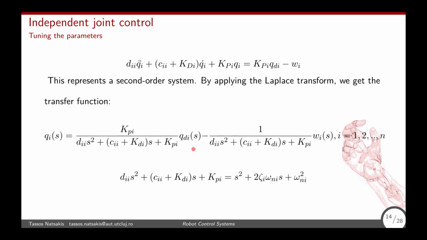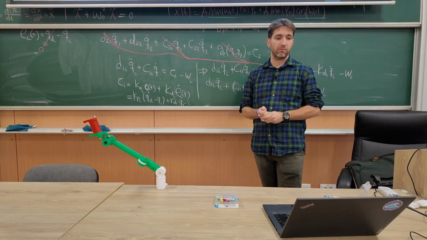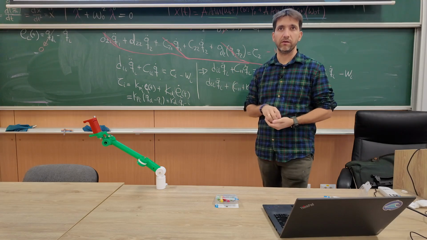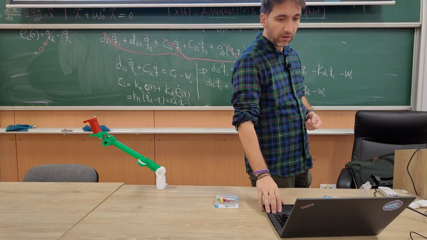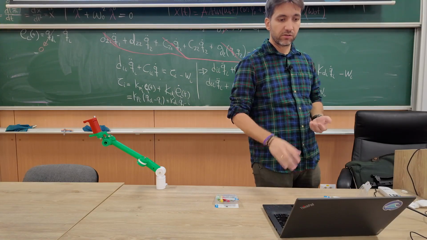So basically I can take the characteristic of the system, which would be this part, and equate it to the general characteristic of a second order system, where I have these terms, the natural frequency and the damping of the system that I want. And based on this natural frequency and damping, I can basically calculate proper kp_i and kd_i. You remember these parts vaguely, right? Any questions on this part?